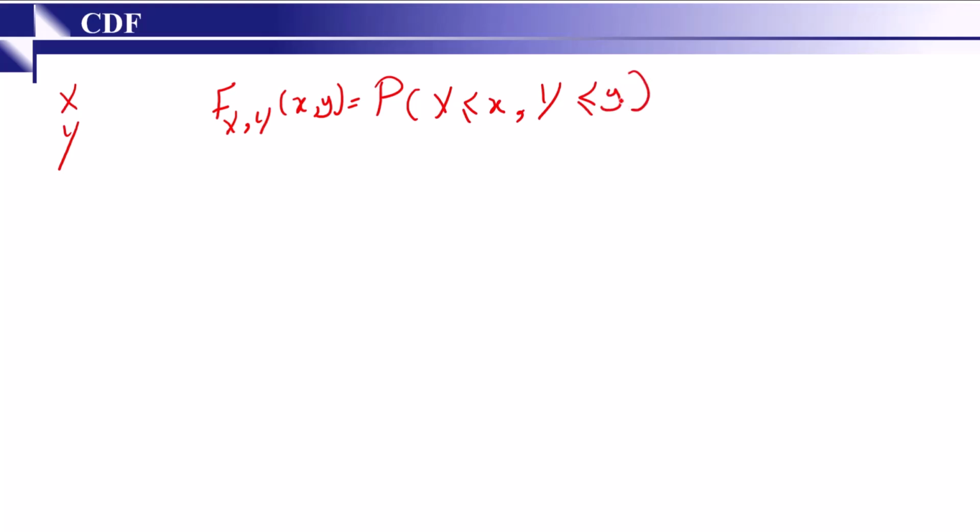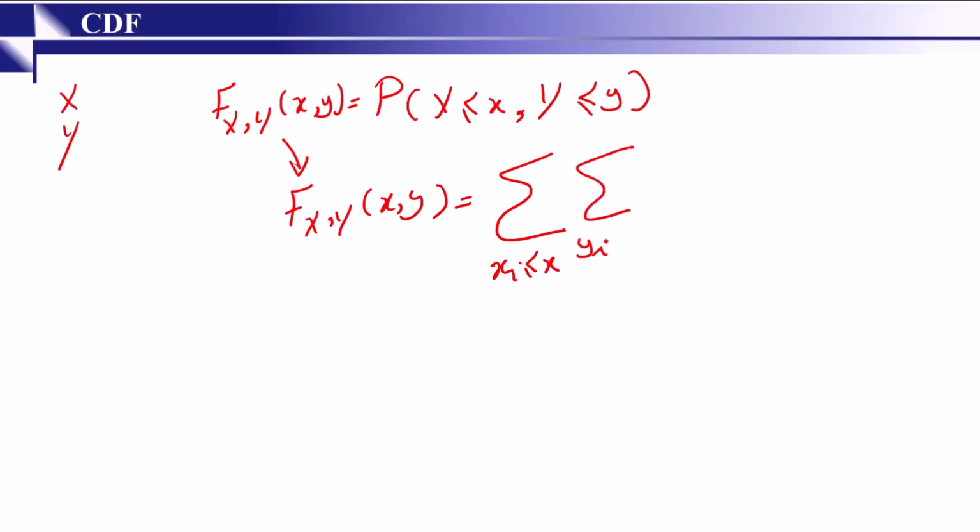For discrete random variables, this is computed by summing the joint probability mass function over all possible values of x and y. So this one is F x,y of x and y is equal to the sum over xi less than or equal to x and yj less than or equal to y, of the probability of X equal to xi and Y equal to yj, right?